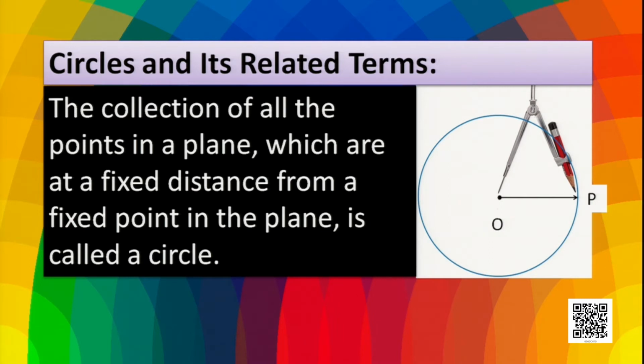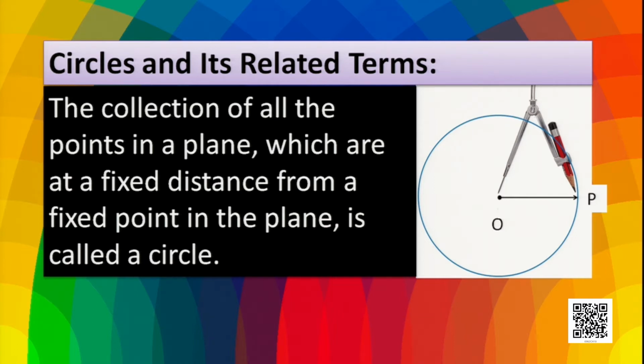So you see O is a fixed point here, and all the collection of points on which the pencil has moved traces a path which is called a circle.